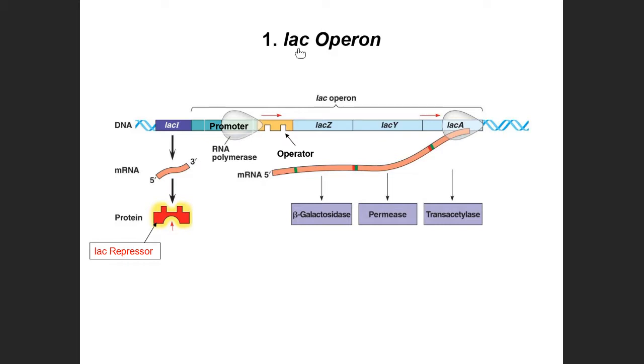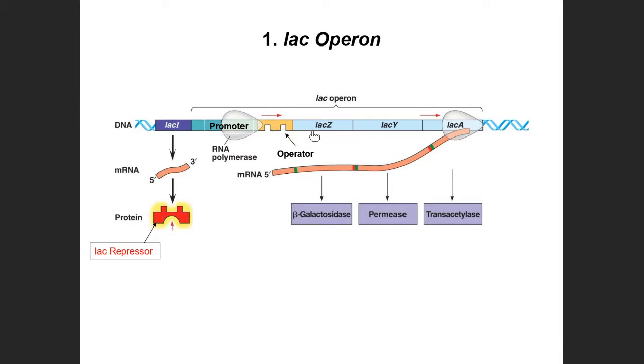There's an operon called the Lac Operon. The Lac, again, has to do with lactose. This Lac Operon consists of a promoter, which is a DNA regulatory sequence, an operator, which is also a DNA regulatory sequence, and 3 genes that code for 3 polypeptides, and each polypeptide folds into a tertiary structure, becoming an active protein enzyme.